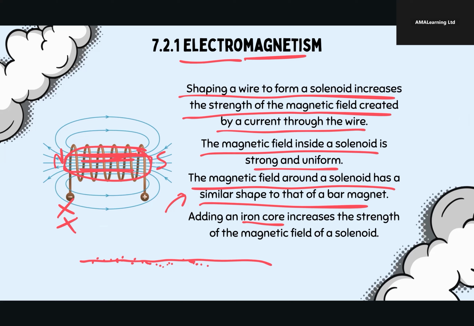So we can use this technology because this essentially is an electromagnet. We can use it for cranes, magnetic locks, which most schools have now, electric bells, MRI scanners. All of this uses solenoids.